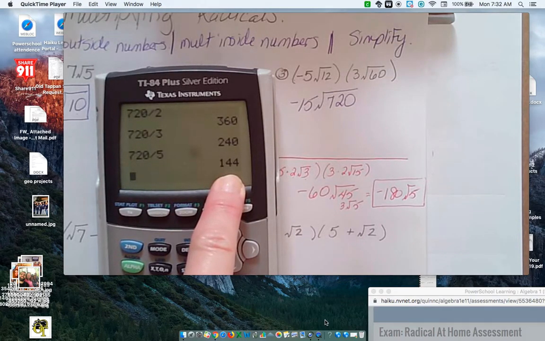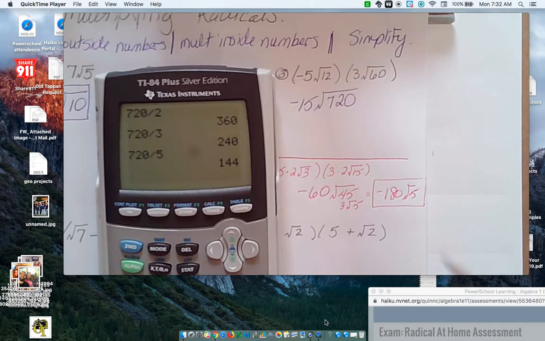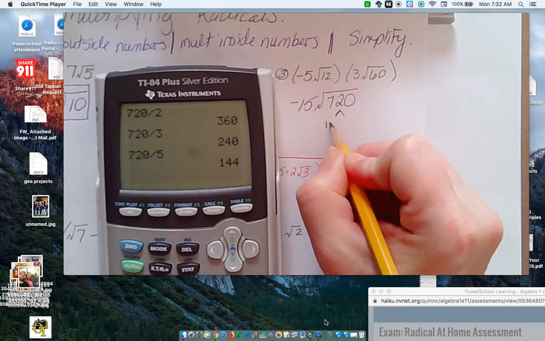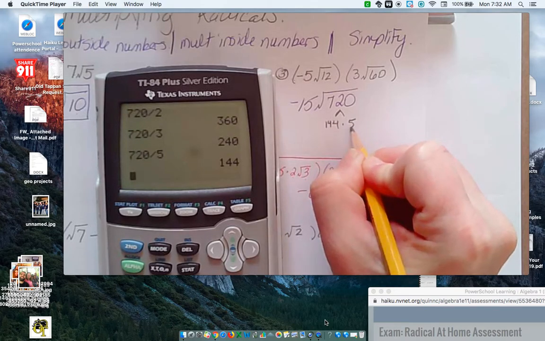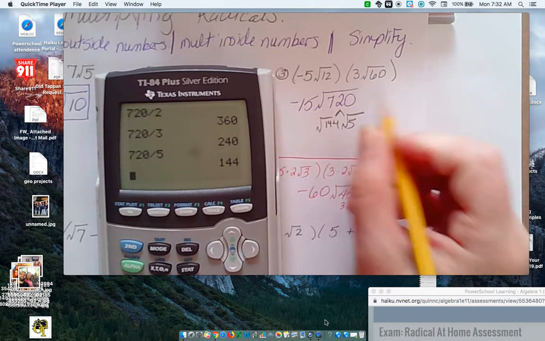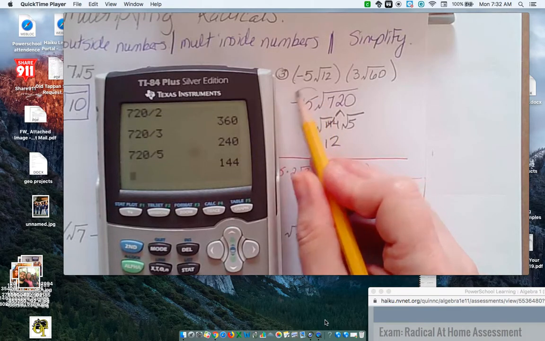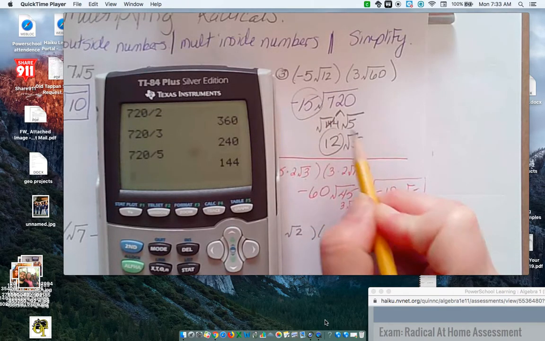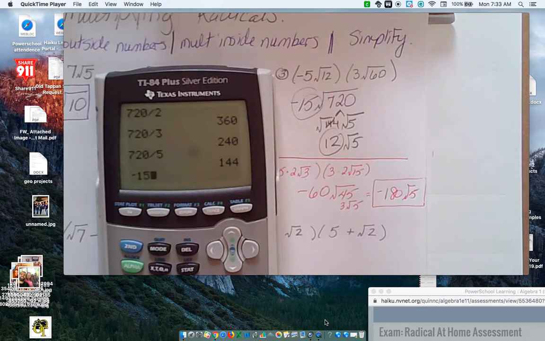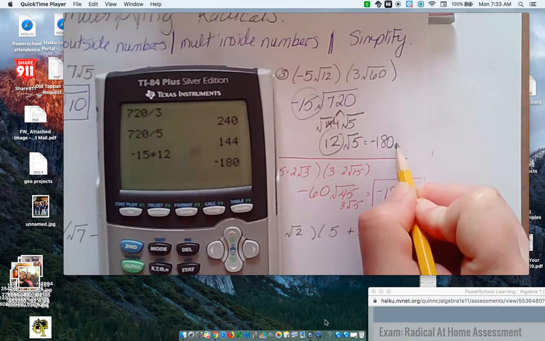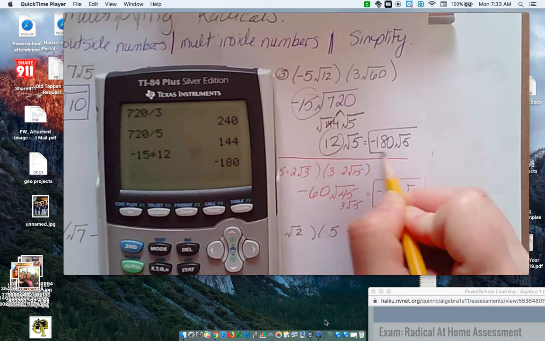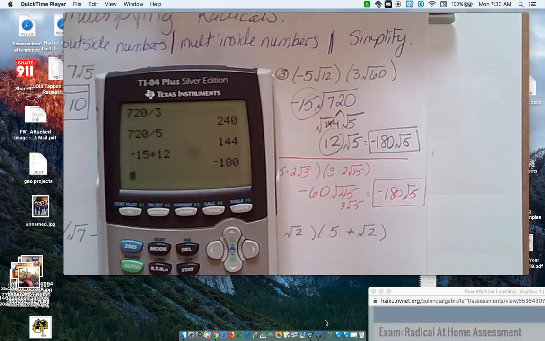That's 12. So if you dig for your biggest perfect square, then you can say, okay, well, look, this is 144 times 5, square root. This is 12. Multiply the outside numbers, and negative 15 times 12, that's your negative 180. So you can do it that way also.